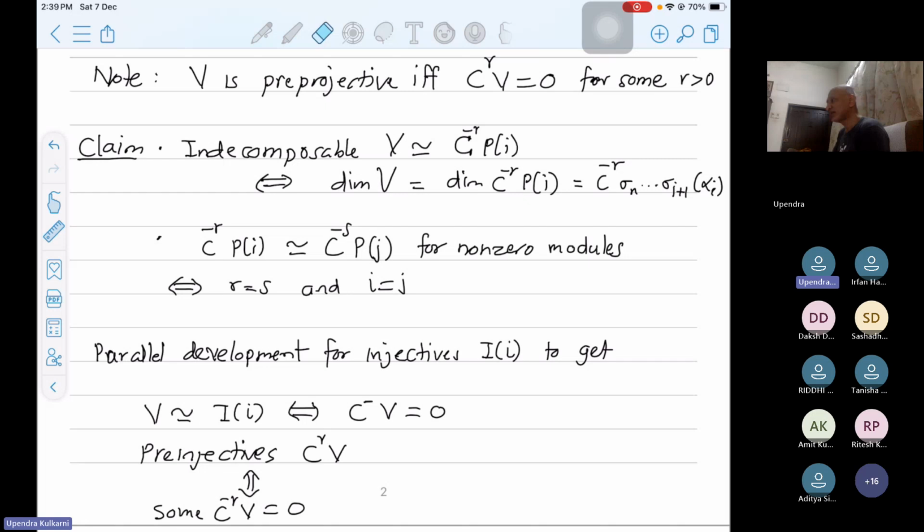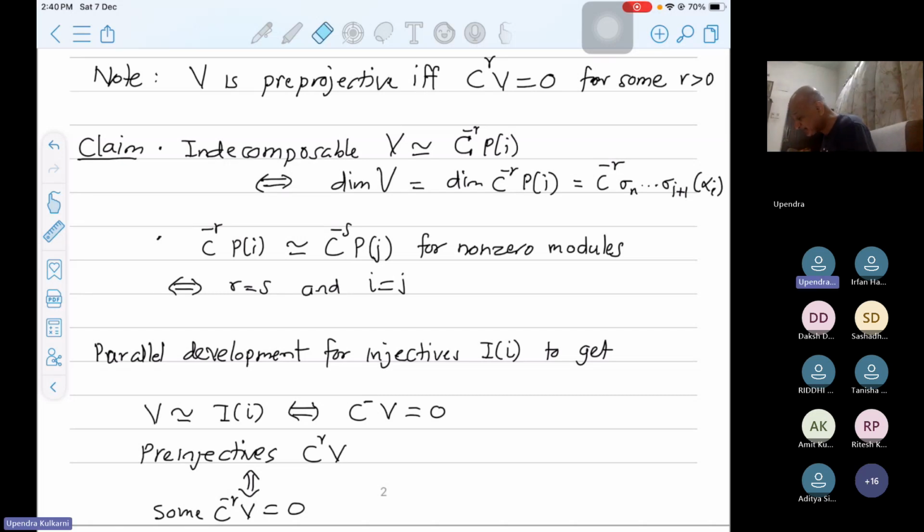For a basis for a projective module, the concrete incarnation was what? I took all the paths from i to any given vertex. So here I should consider all the paths to a given vertex. That's what is going to be I. Injective modules in general are harder than projective modules, but in this particular case, there is a simple duality, because of which things work nicely.